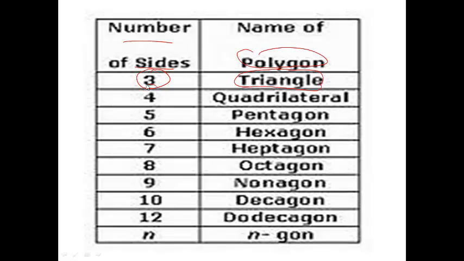The second part of the video is we're going to talk about quadrilaterals, and we have a few of those. Then it goes on to a 5-sided figure, which is a pentagon, 6-sided, hexagon, heptagon, octagon, nonagon, decagon, and so on. So we're only focusing on 3- and 4-sided figures today.